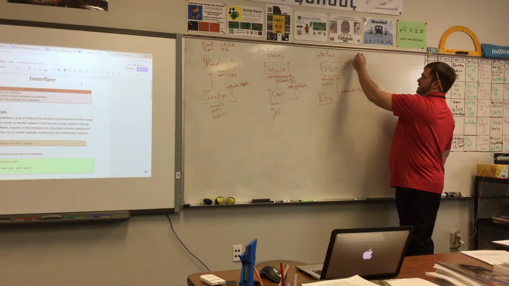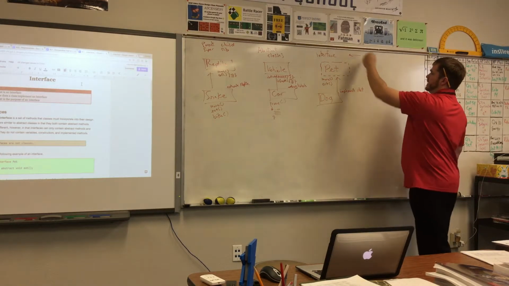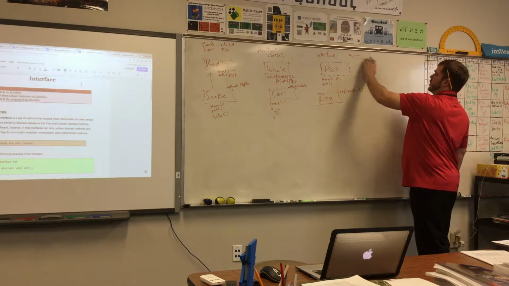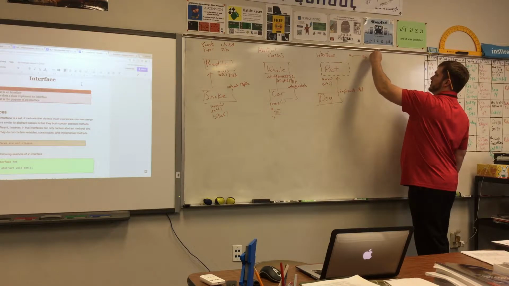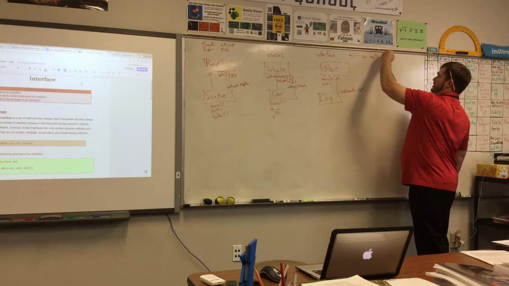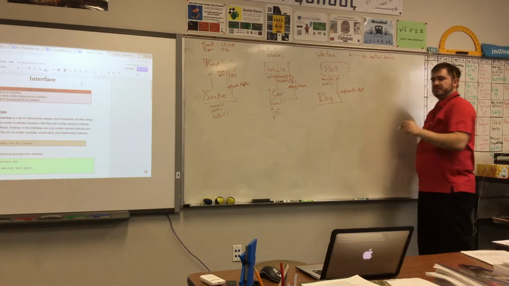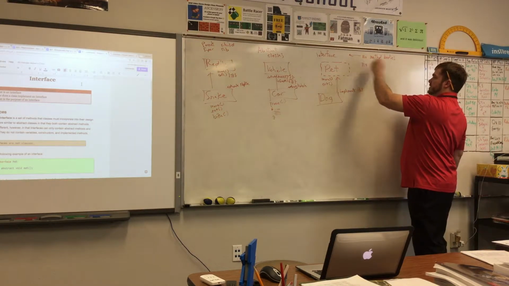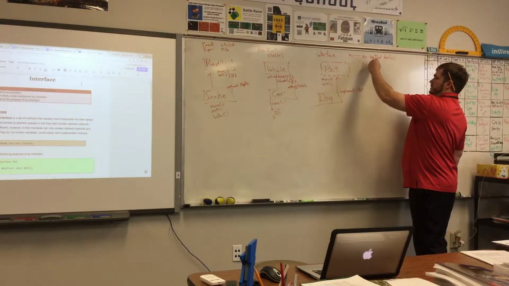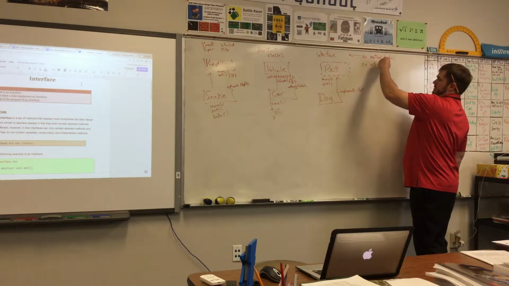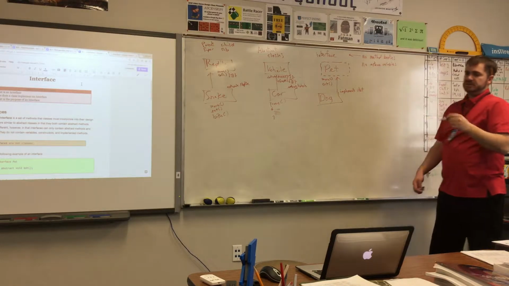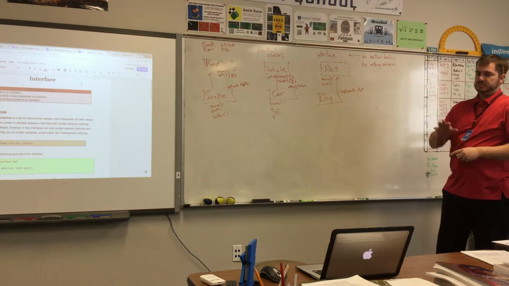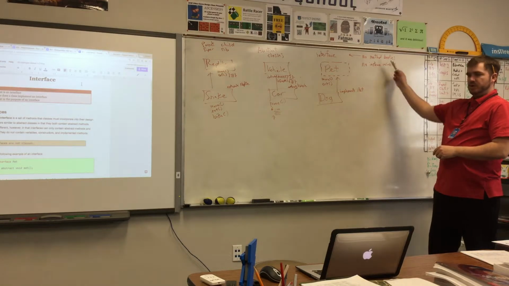A couple of items about the interface. One is no method bodies. So effectively, all the methods here are abstract. Also, no instance variables. Technically, it's no non-static instance variables, but for our purpose right now, just say no instance variables.